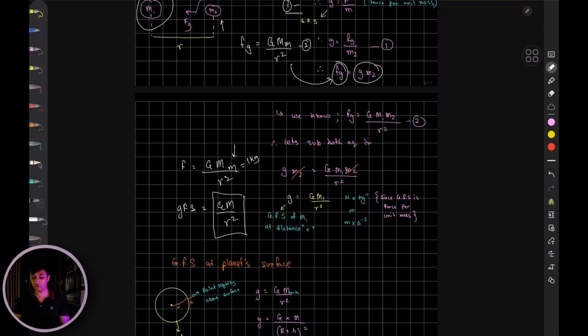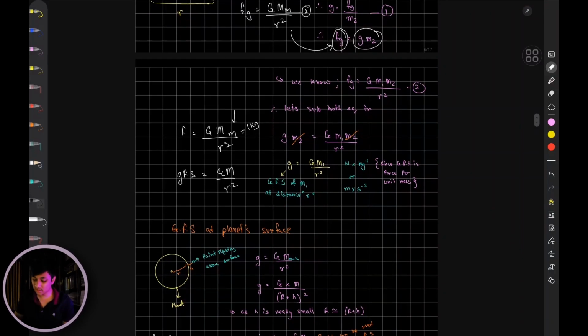So let's say you're 2 meters away from Earth. What is the gravitational field strength at that point? It is going to be GM by 2 squared. And if you know the gravitational constant, and if you know the mass of Earth, you can find out the gravitational field strength due to the Earth's mass, right?